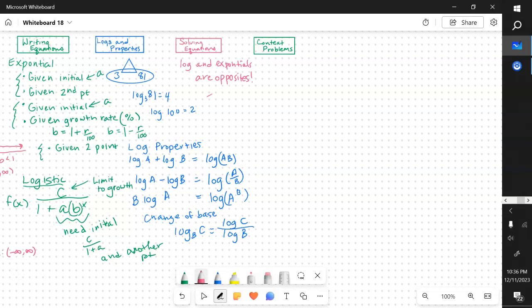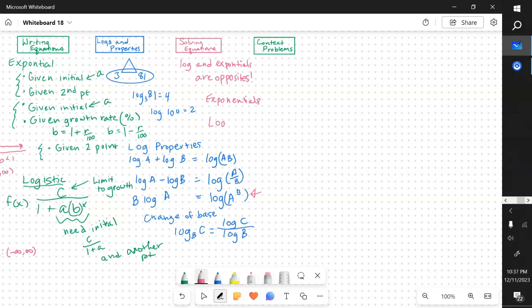For exponentials, you don't have to worry about extraneous solutions. You might have to do a log base 10, even though you don't have a 10 to the x, because that's the button you have on your calculator. So you're going to use this log property to bring the exponent down.